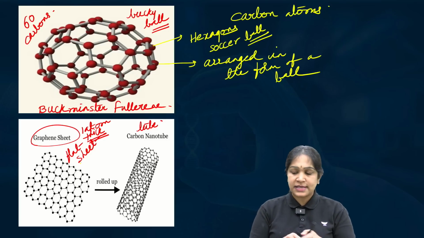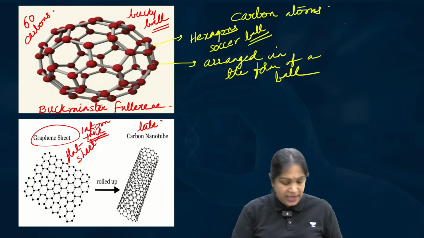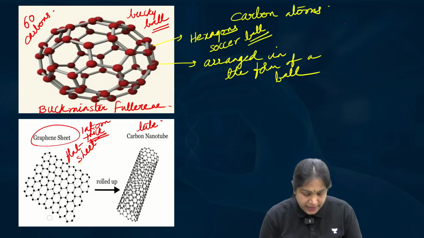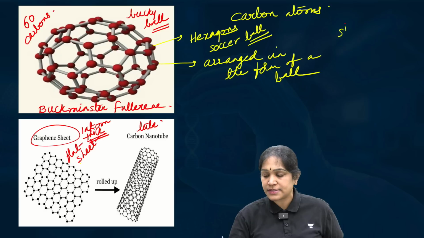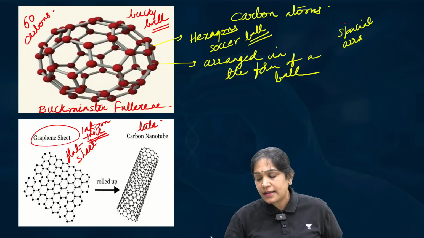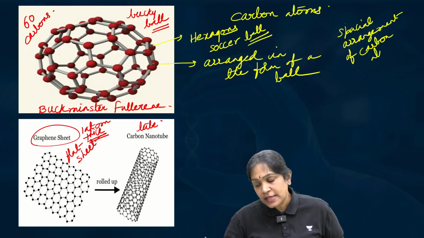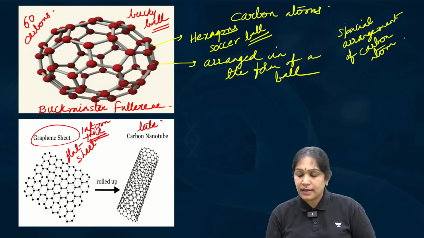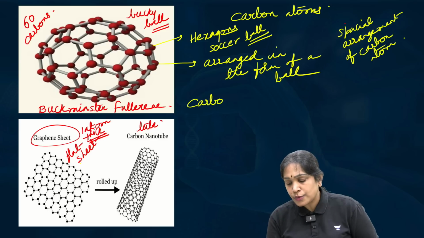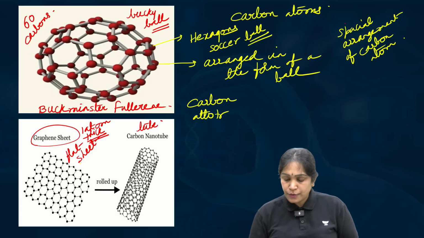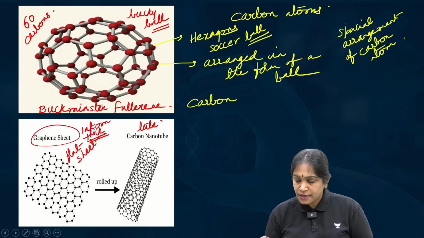Where is the difference coming? The difference is only in the spatial arrangement of carbon atoms. So, these three are carbon allotropes, right?